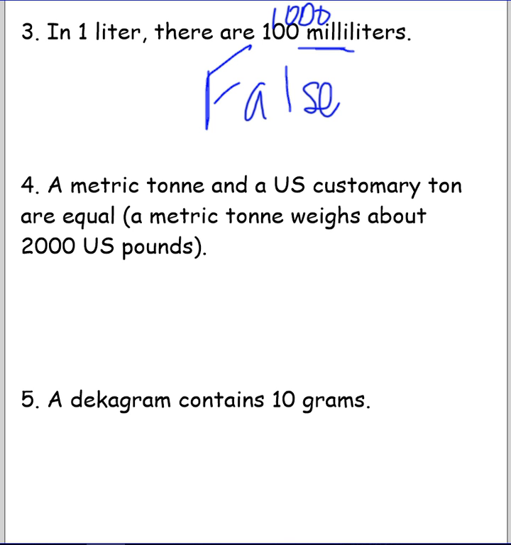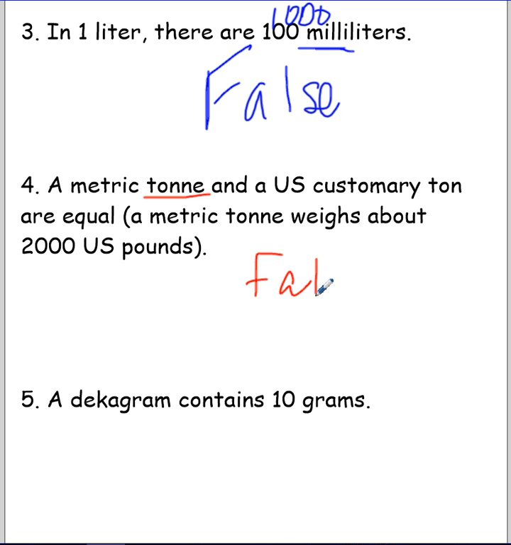For number 4, you may notice a spelling change from the textbook here. A metric ton is actually supposed to be spelled T-O-N-N-E, which helps us identify whether it's a metric ton or a U.S. ton. And according to our statement, a metric ton and the U.S. customary ton are equal. That is false. They're not equal.